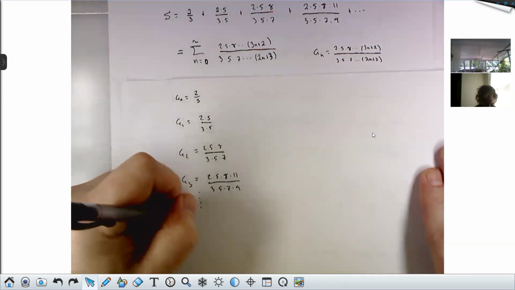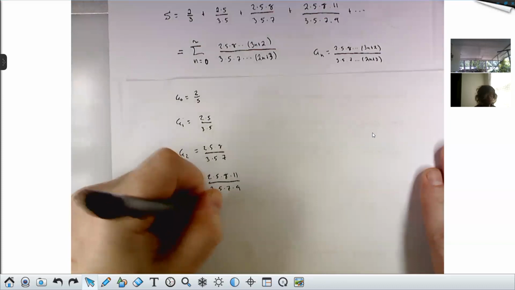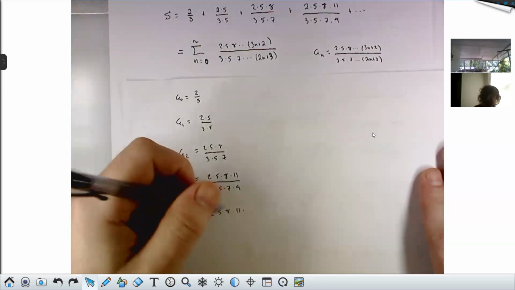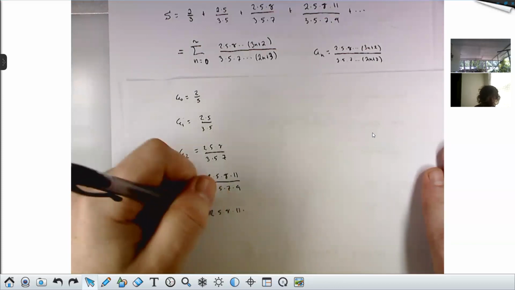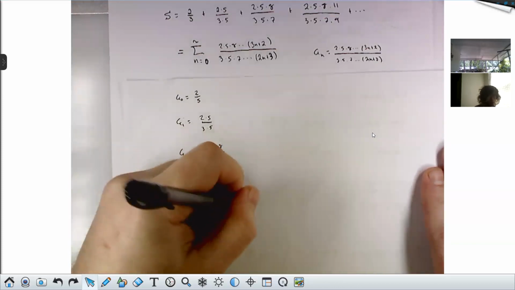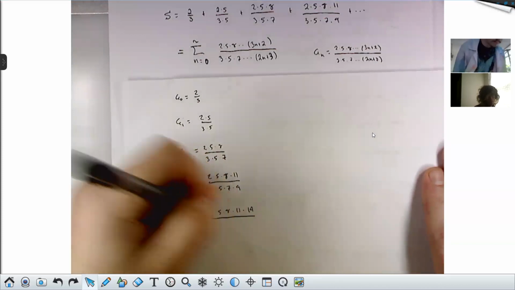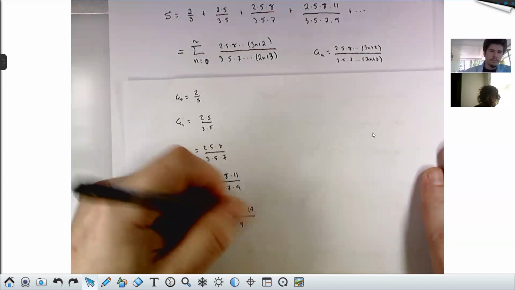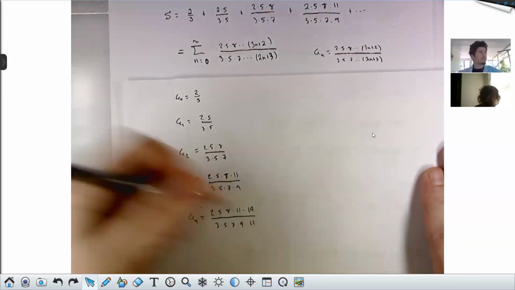If we wanted to, I'll write a_4, why not? That would be 2 times 5 times 8 times 11 times, if I skip ahead again, how many am I skipping by? I'm skipping 3 each time, right? So the next one would be 14 over 3 times 5 times 7 times 9 times. Here I'm just skipping by 2, so the next term would be 11.